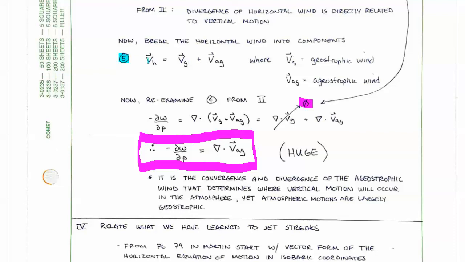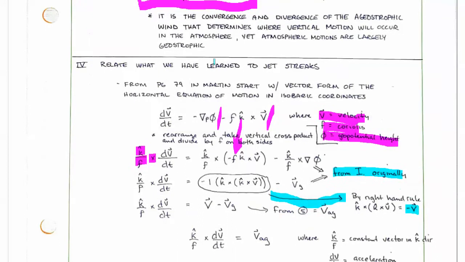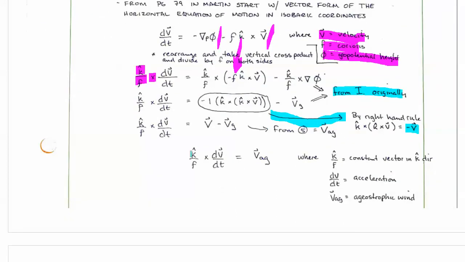So if I take the wind minus Vg, or geostrophic wind, then that equals the ageostrophic wind. So down here we have an equation. k hat over f is equal to, and again realize that I'm not using my pen for some reason, but you'll still get the point.